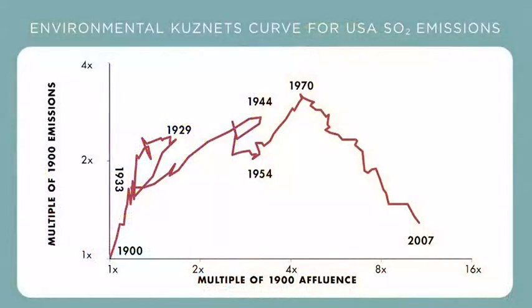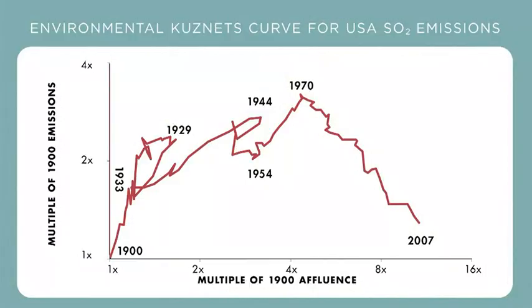So if countries can transition from being poor to being rich, they can move from being low polluting to high polluting and back to low polluting. There are some different sets of data that back this up. One famous example is sulfur dioxide. As the United States got wealthier through the 20th century, the amount of sulfur dioxide emitted by American industry increased.